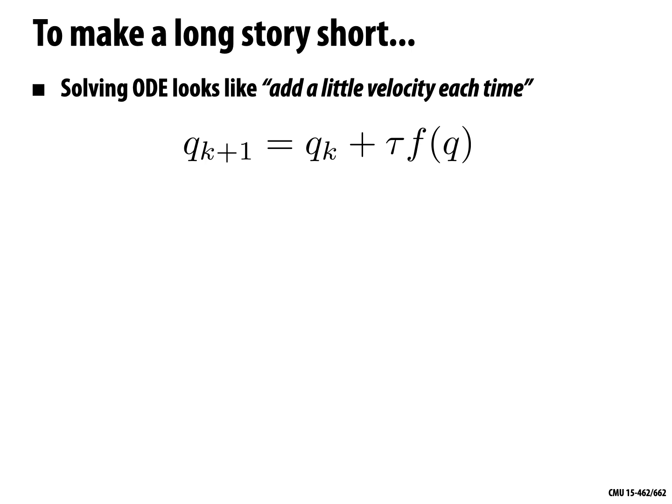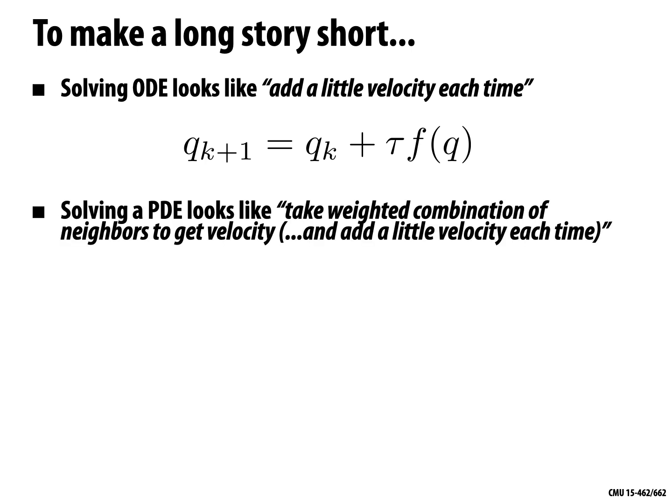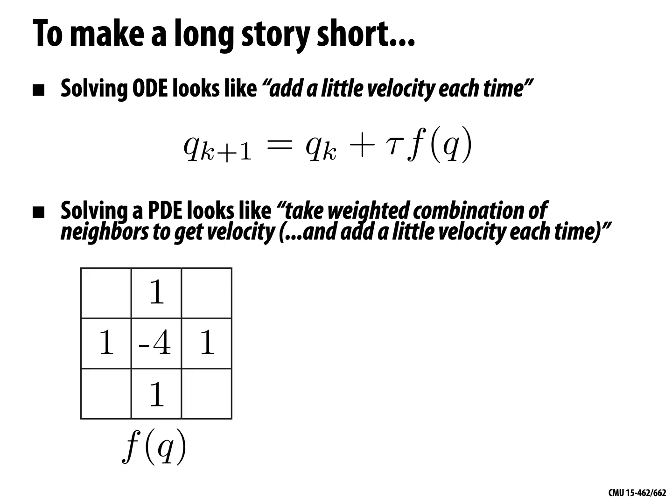Okay? And solving a PDE doesn't look so different. We're still going to be marching forward in time, but now our velocity function is going to do something like take some weighted combination of neighboring values. Okay, so for instance, in our wave equation, it's going to turn out that our combination of values is going to look something like: add up my immediate neighbors and subtract 4 times my own value.